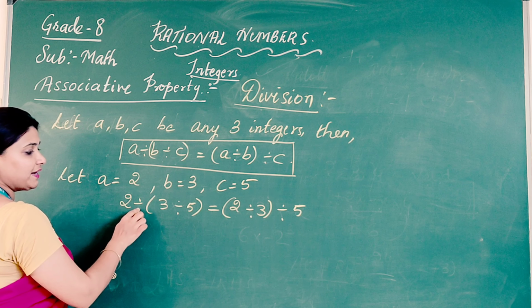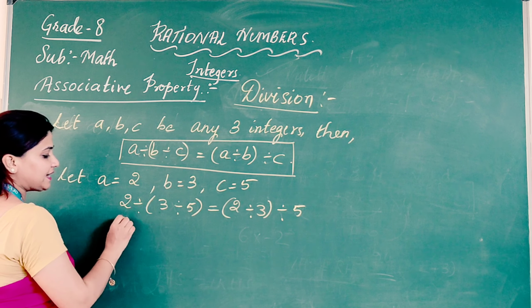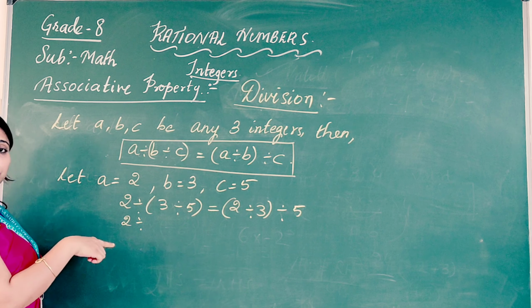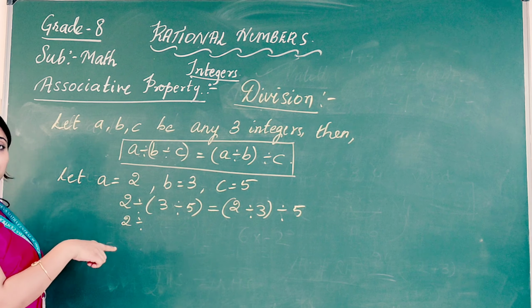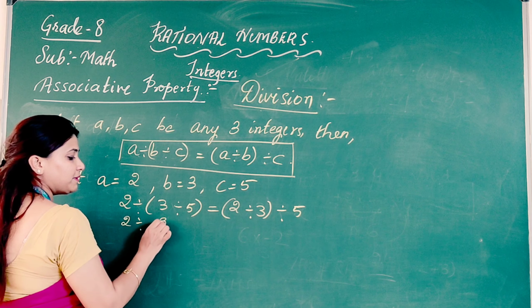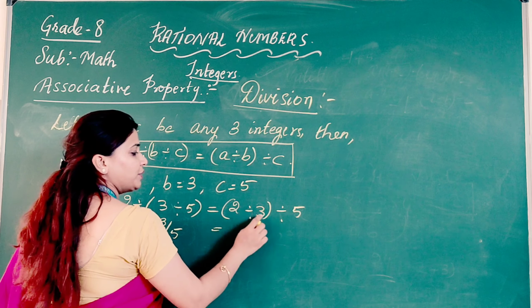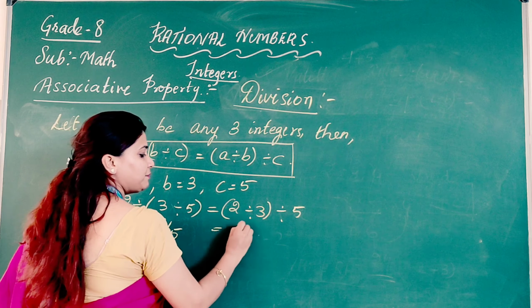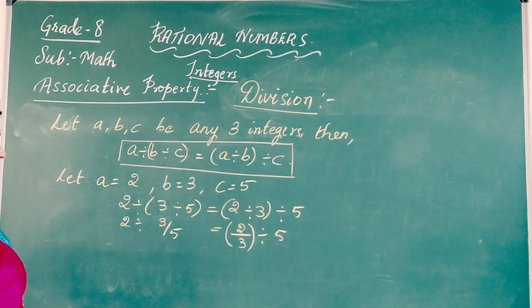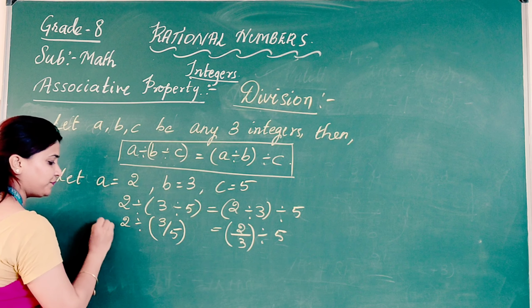Because this 2 is out of the bracket, I'll keep it as it is. First I'll solve my brackets. 3 divided by 5 is nothing but 3 by 5. Is equal to 2 divided by 3 divided by 5. This is what is given. Correct?